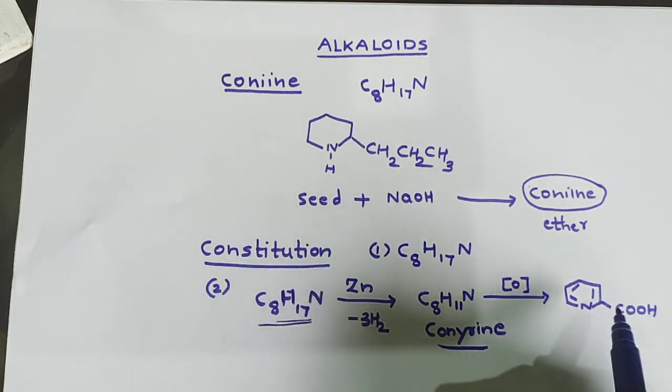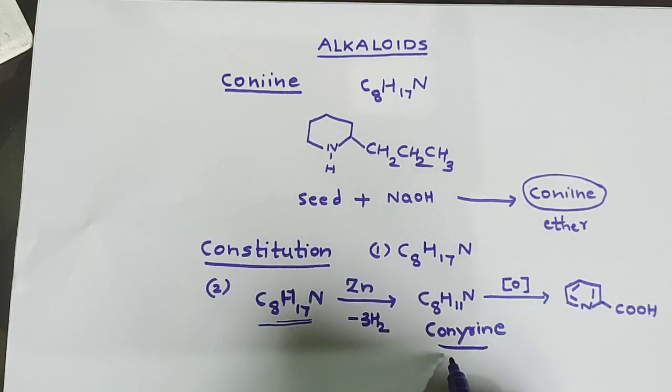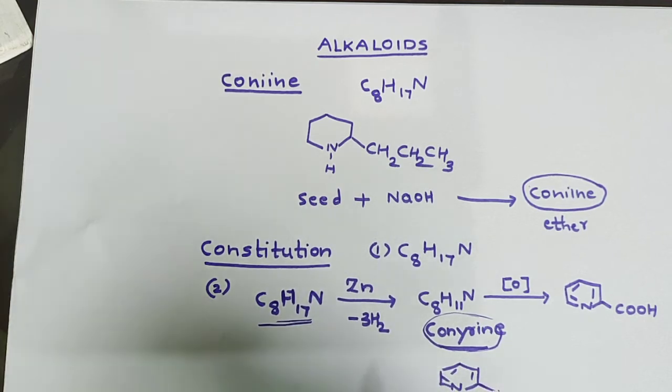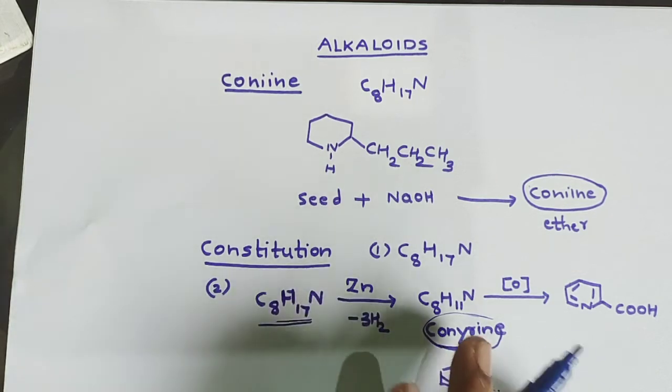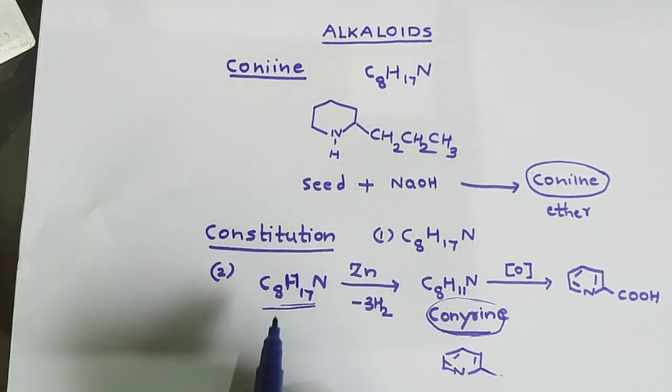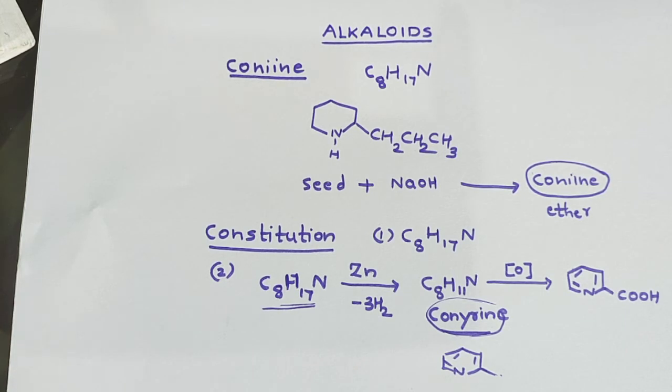Conarine has a pyridine nucleus with a side chain, right? Conarine is formed when this molecule loses three H2 molecules, that are 6 hydrogen atoms.